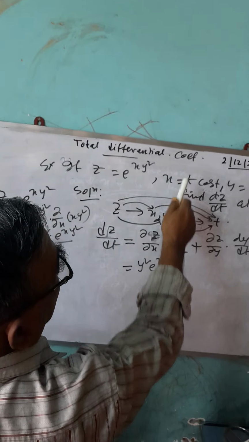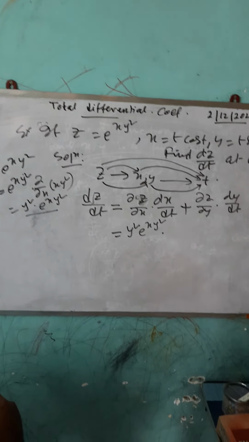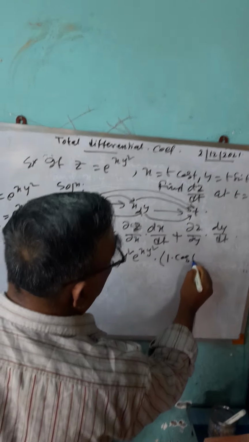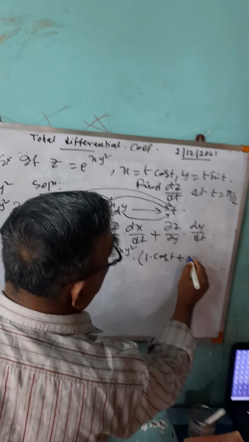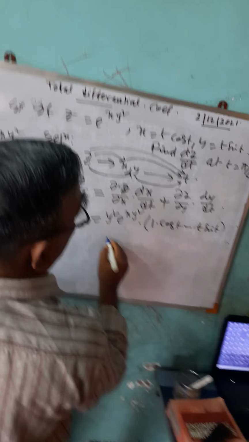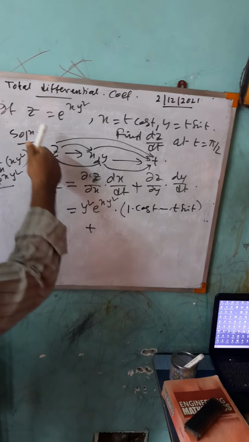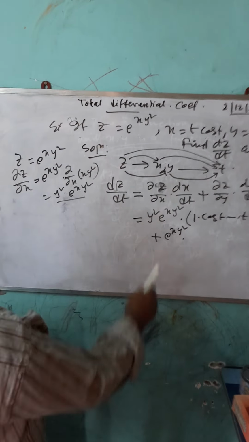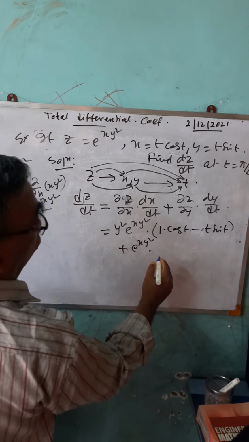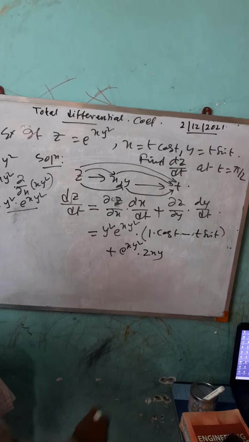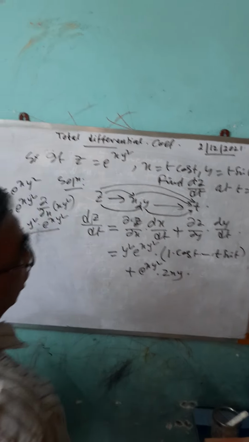Tell me, dx/dt, using u into v: 1 into cos t plus, that is minus t sin t. Plus ∂z/∂y, with respect to y, e to the power x y square into ∂/∂y of x y square, which is 2xy, right? 2xy into dy/dt.